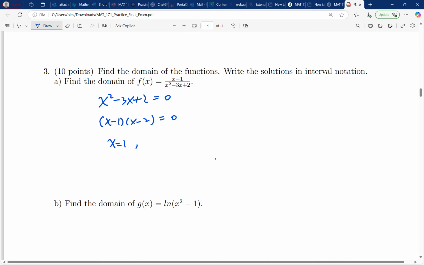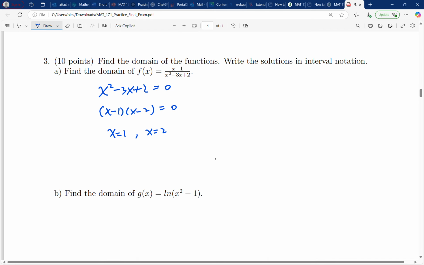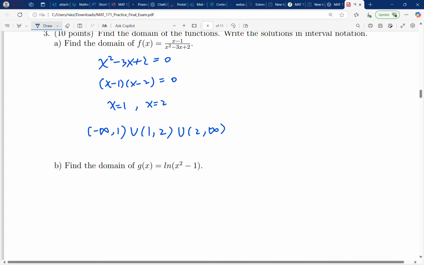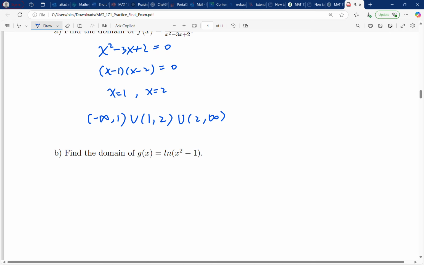Then you get x equal to 1 and x equal to 2. So now you can write the domain: negative infinity to 1, union 1 to 2, then union 2 to infinity.